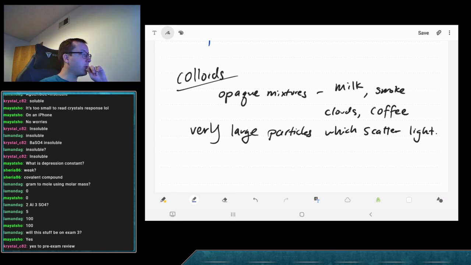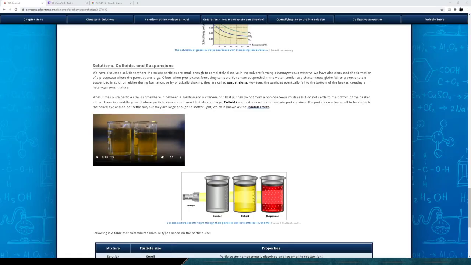Okay, here, we'll switch back so we can see what this looks like. One of these is going to be a colloid, and the other one is not. They both look the same, right? Just to the naked eye. But I'm going to show you... Aha! There we go. We can see here that I'm shining this laser through it.